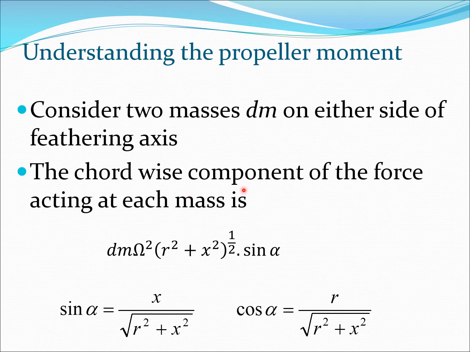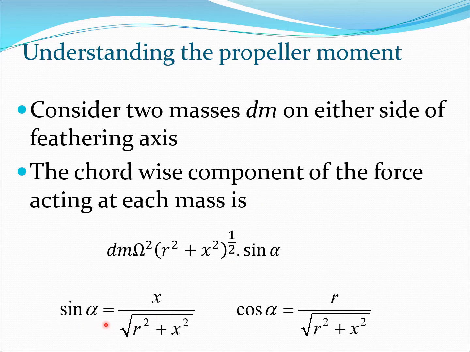Now the chordwise component of the force which acts on each mass is going to be the mass into rotation speed square into the distance to the point. So the distance to the point is going to be the square root of r square plus x square, where x is the distance between the feather axis and this mass dm, and then this is multiplied by the sine of the angle because you are looking at the chordwise component.